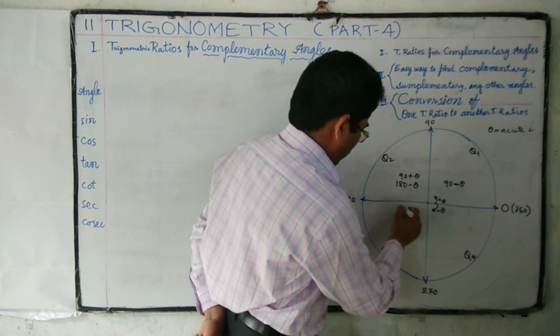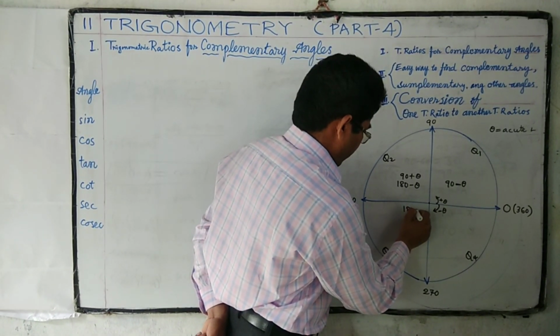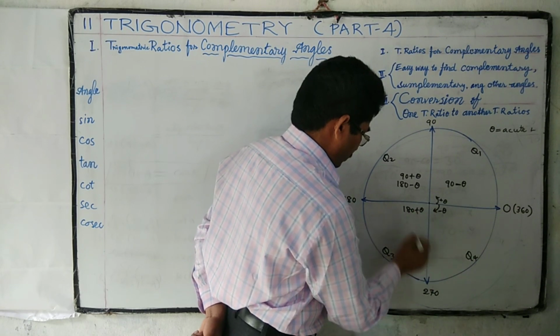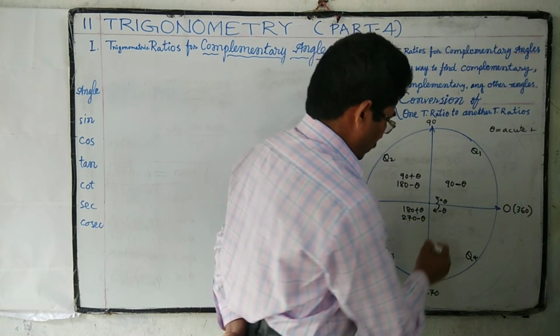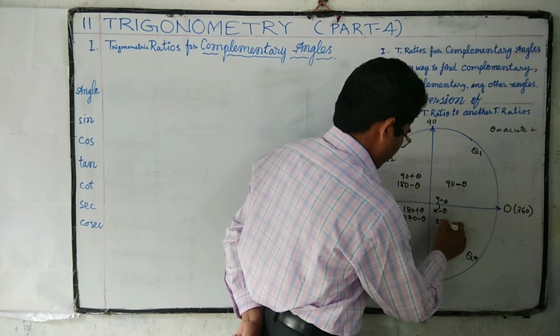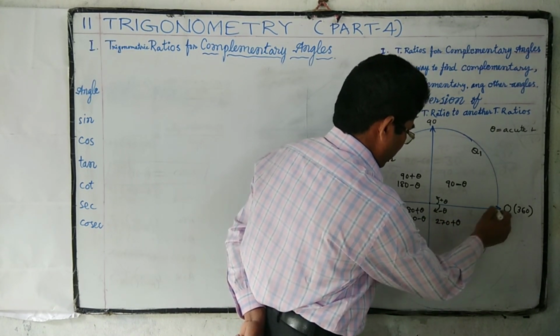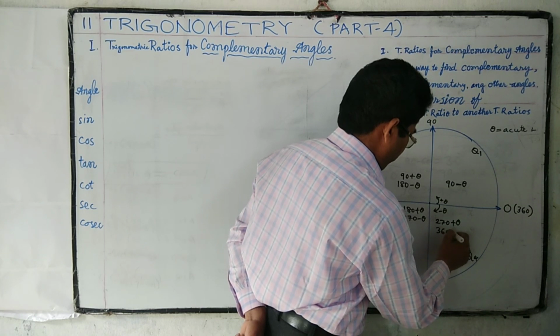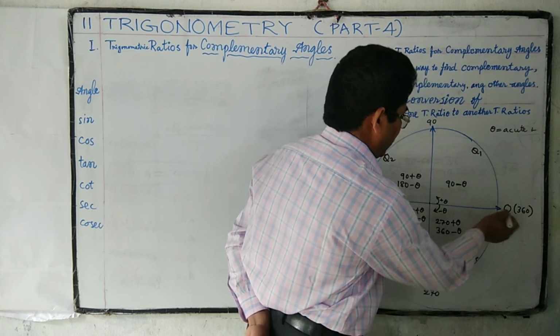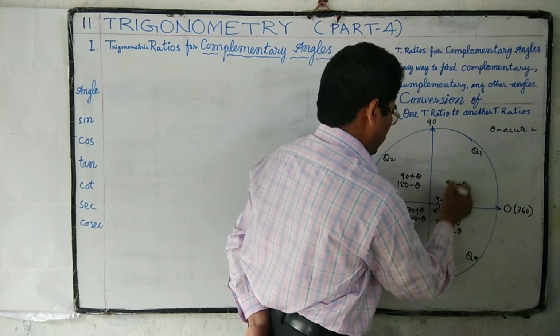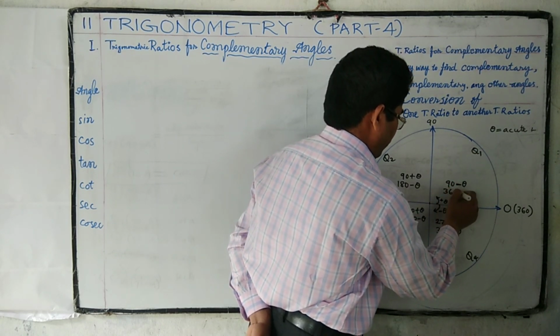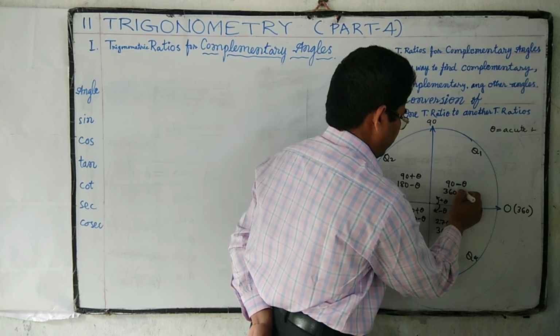Next, 180 plus theta, 270 minus theta, 270 plus theta, 360 minus theta. 360 plus theta comes in the first quadrant.